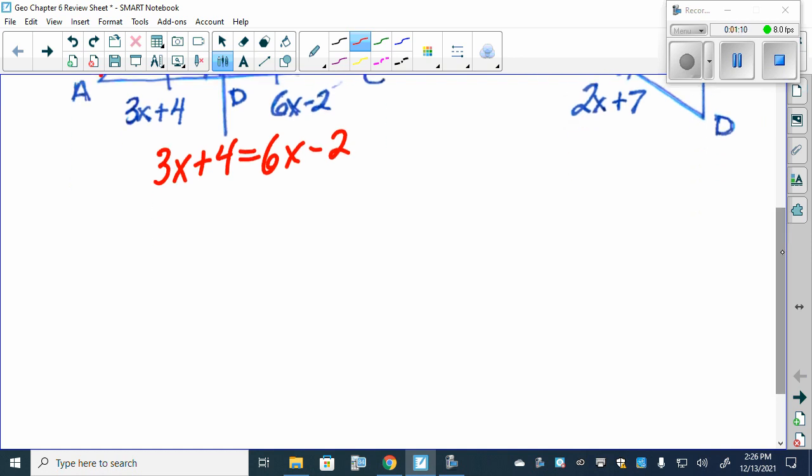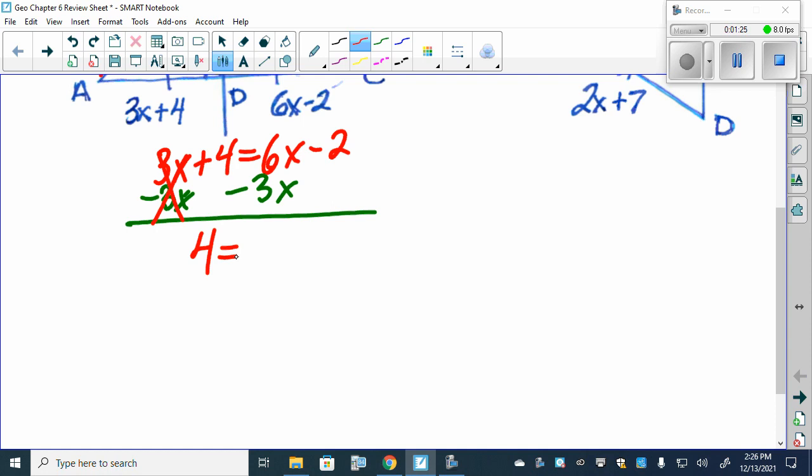So we have 3x plus 4 is equal to 6x minus 2. So the first thing we can do is subtract 3x from both sides to get the variables onto the same side. And 3x minus 3x would be 0, leaving us with 4. 6x minus 3x would be 3x minus 2.